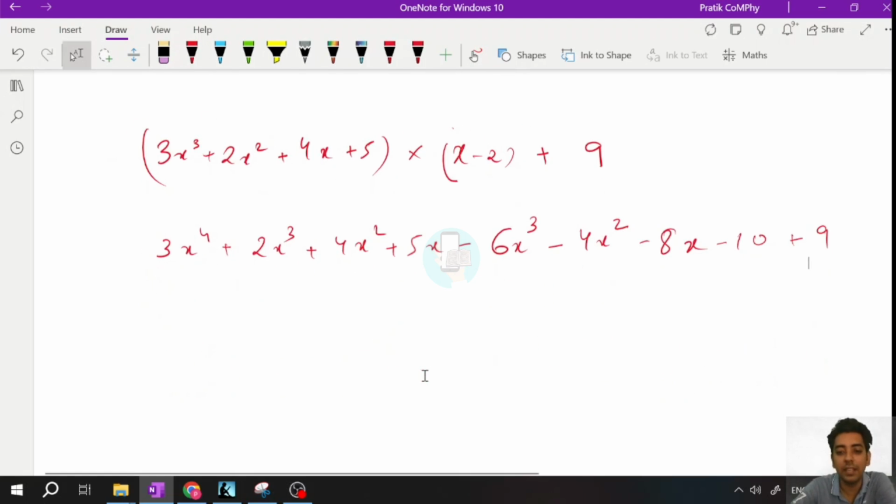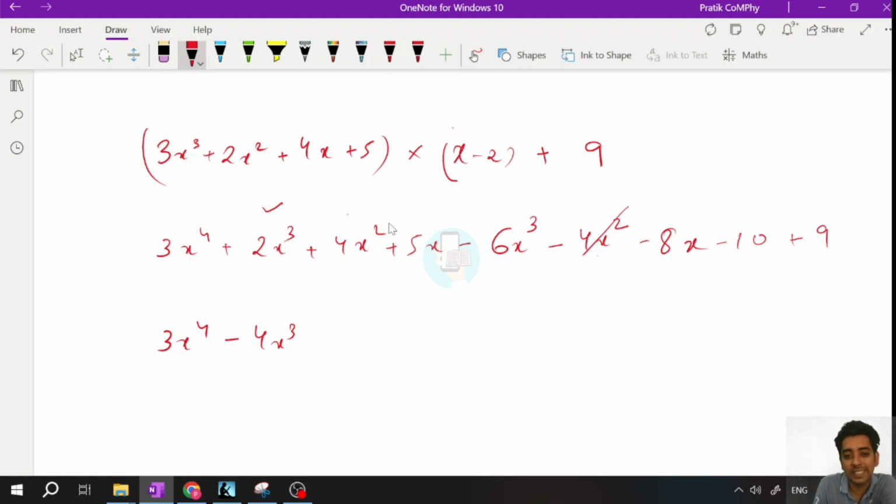So on simplifying, you will subtract the like terms. This becomes 3x to the power 4, plus 2 minus 6 would give you minus 4x cube, plus 4 minus 4 would cancel out, so you would not have an x square term.